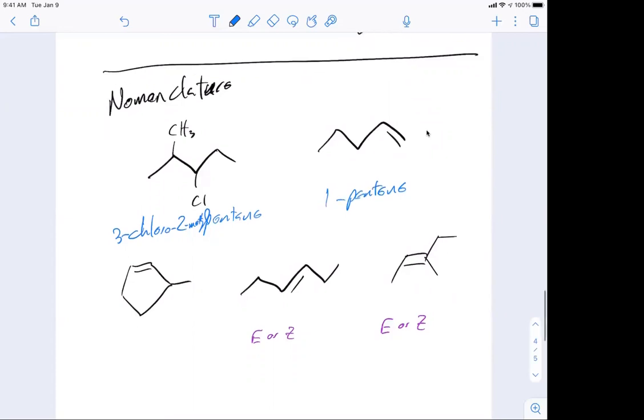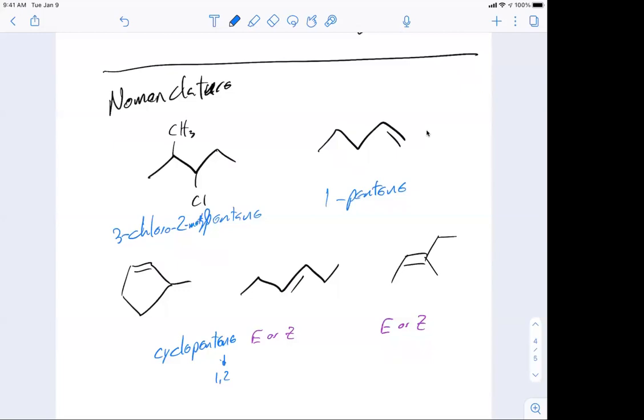And the next one, we have 5 carbons, so cyclopentene. Now it's in a ring, so therefore the ene here has to be 1 and 2. So it's assumed 1 and 2. I don't need to put 1 cyclopentene. Right?